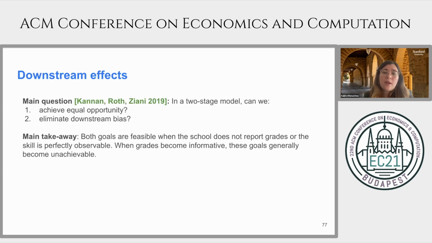So the main takeaway of the paper is that both goals are actually feasible only in the trivial case when the school doesn't report grades or the skill is perfectly observable. So when grades start becoming informative, then these goals are generally unachievable.